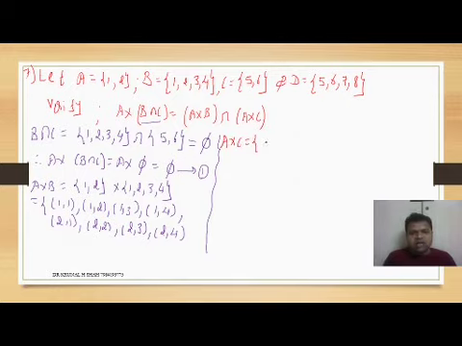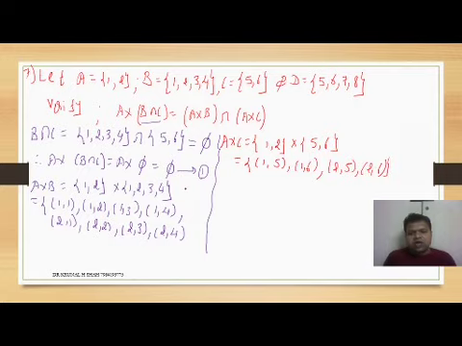Next is A cross C. So the elements of A are {1, 2}, and the elements of C are {5, 6}. So this is equal to (1,5), (1,6), next (2,5), (2,6). Okay, so now A cross B intersection A cross C. I'm writing all the elements of A cross B and A cross C here.